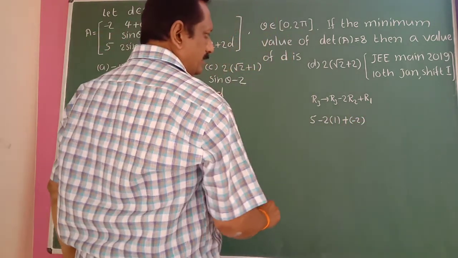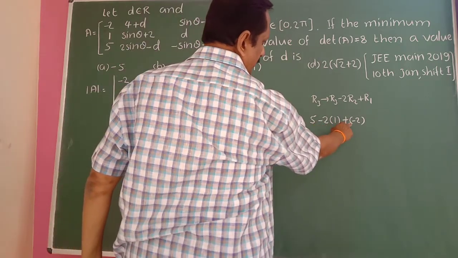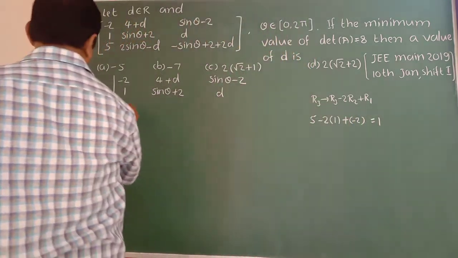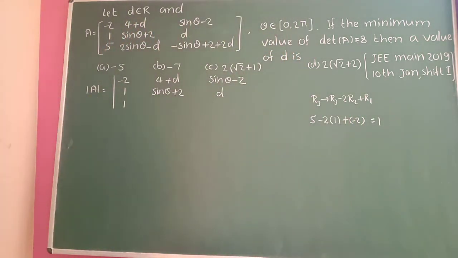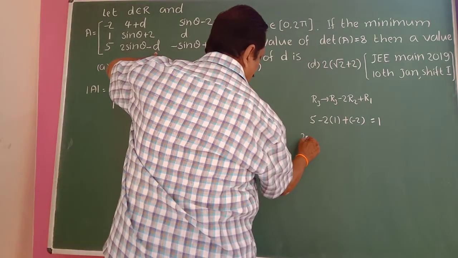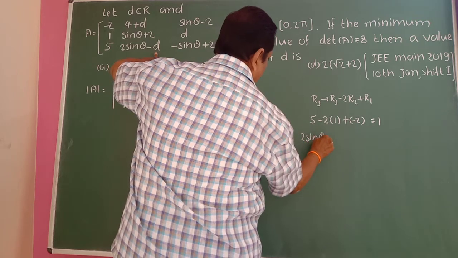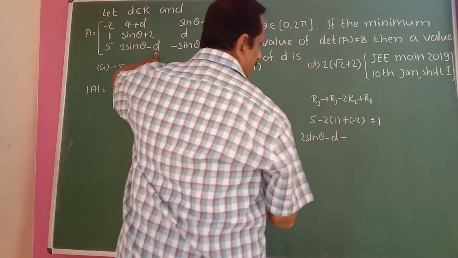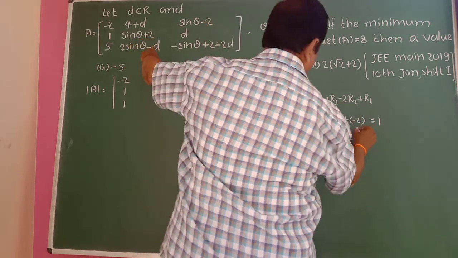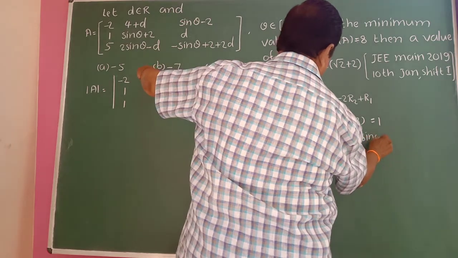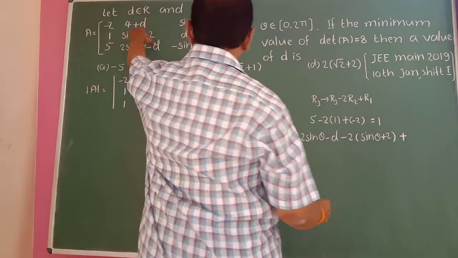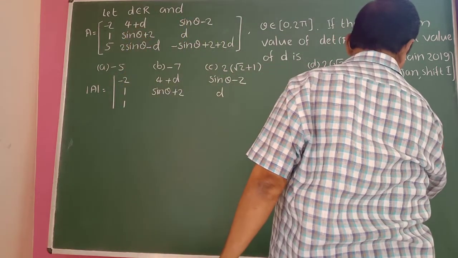Then minus 2 becomes minus 4. 5 minus 4 gives 1, so write here 1. Similarly, 2 sin theta minus d: 2 into sin theta minus d, minus 2 into sin theta plus 2. Then plus 4 plus d here.